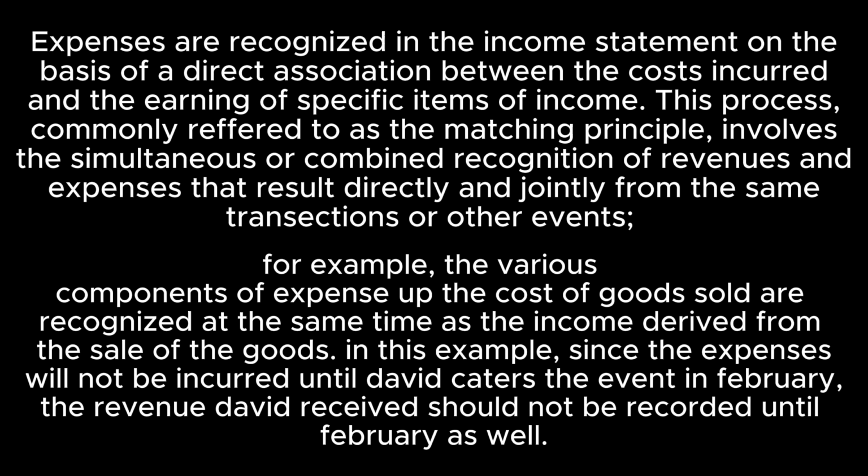For example, the various components of expense, making up the cost of goods sold, are recognized at the same time as the income derived from the sale of the goods. In this example, since the expenses will not be incurred until David caters the event in February, the revenue David received should not be recorded until February as well.